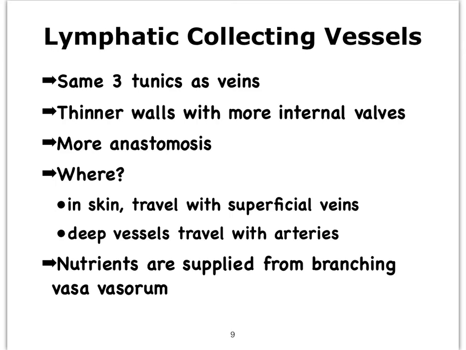If the lymphatic collecting vessels get thicker and thicker walled, they are also going to have a vasa vasorum, just like the thicker blood vessels do as well. And remember what this means: vessels within vessels. So we're going to see that there are little blood vessels present in the wall of the bigger collecting vessels of the lymphatic system.